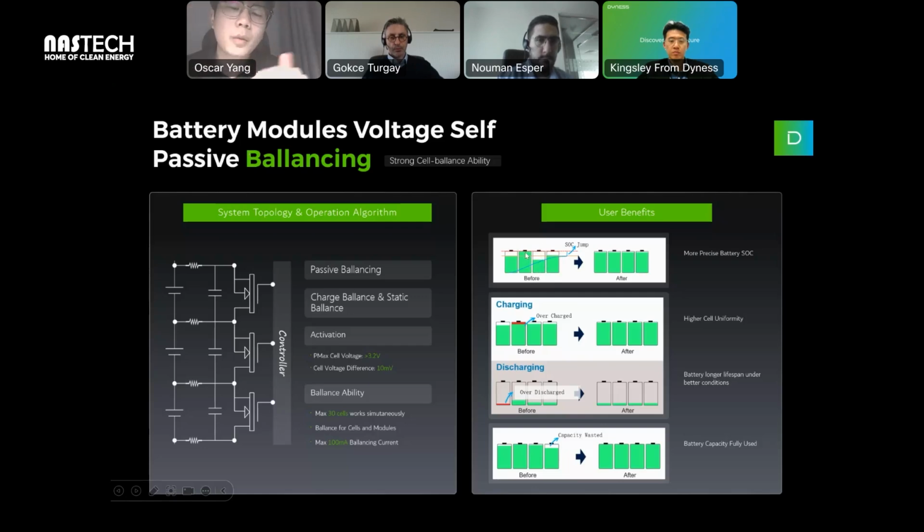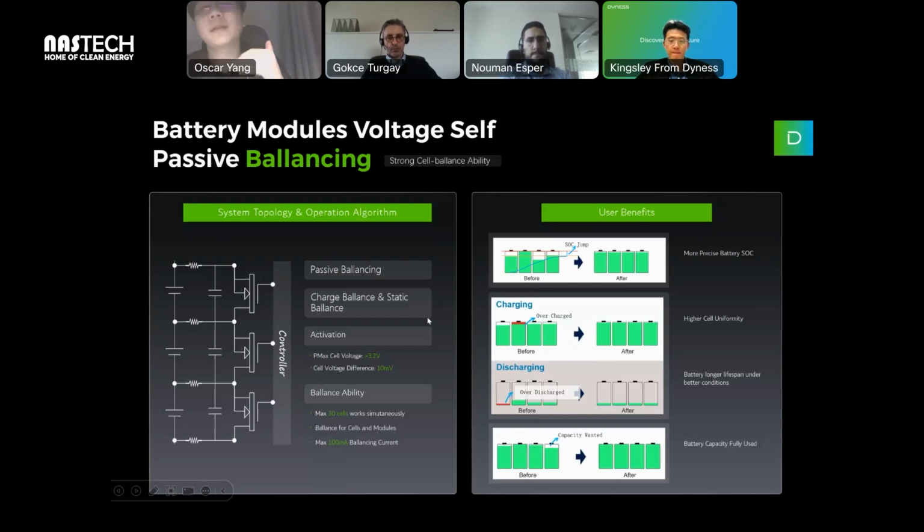When this function is triggered, the 100% SOC battery cell will start to discharge, and the other battery cells will begin to charge, and when they reach an average, equal level, this protection will be turned off. So this function will protect the whole battery from overcharge or over discharge, and also improve the whole level of the battery.